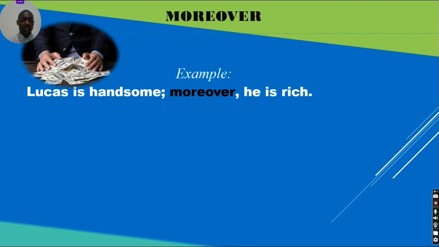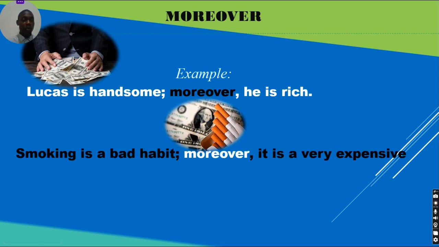Fine. Other example we have here, smoking is a bad habit. Moreover, it is very expensive. Ok, smoking is a bad habit. Além disso, ok, smoking, que é o ato de fumar, ok?